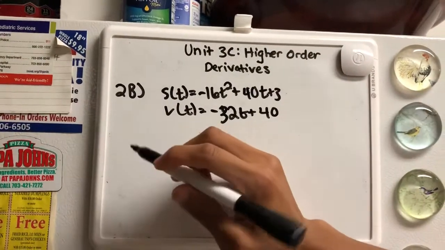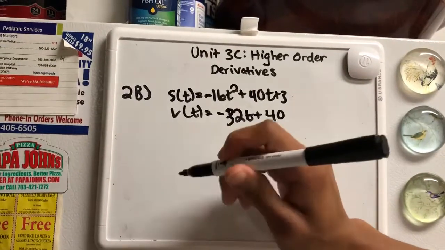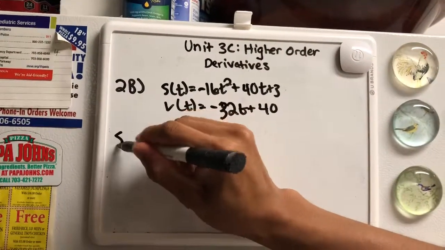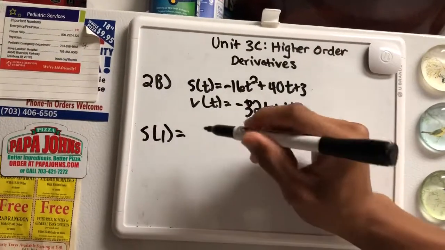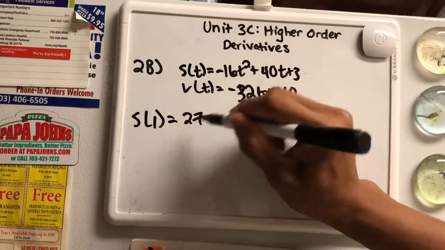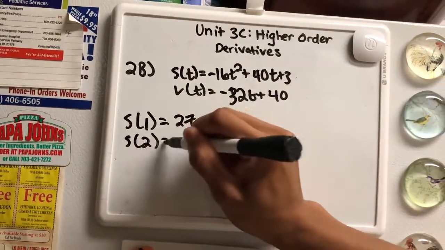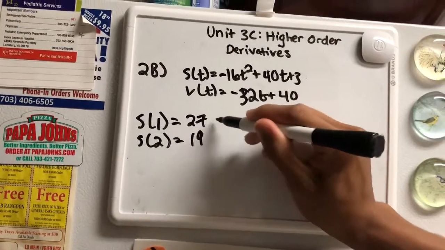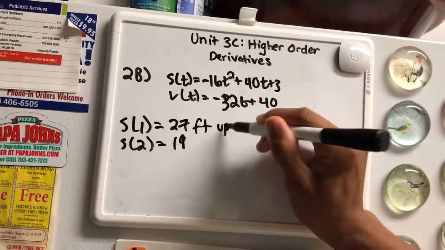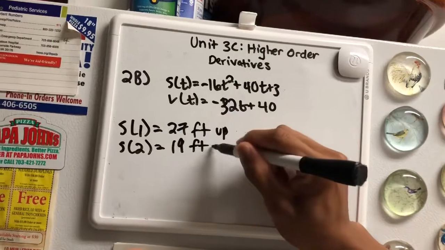And we're going to be plugging in t equals 1 and t equals 2 into these functions. For s of 1, we get 27. For s of 2, we get 19. So at 1 second, the ball was 27 feet up, and at 2 seconds, the ball was 19 feet up.